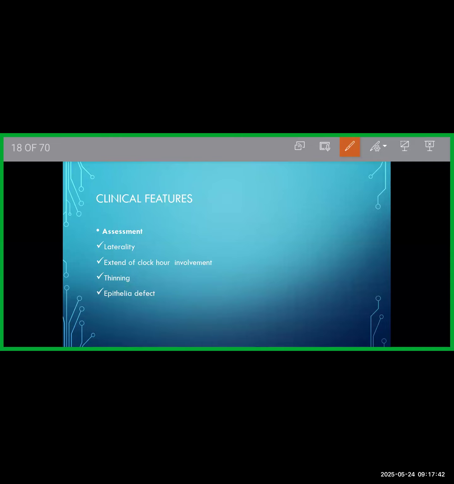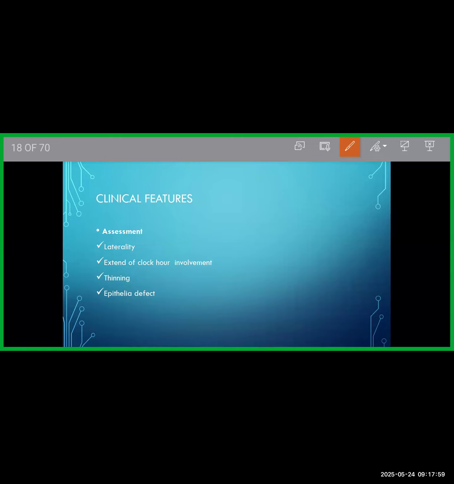Now, how do we assess this patient clinically? In assessment, we look at the laterality, whether it's unilateral or bilateral. Most cases of PUK are bilateral, and may start unilaterally, then later involve the second eye.